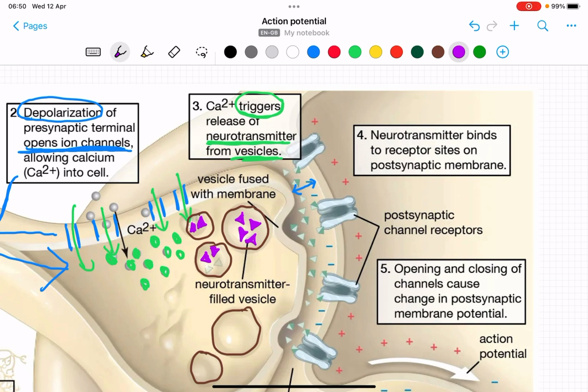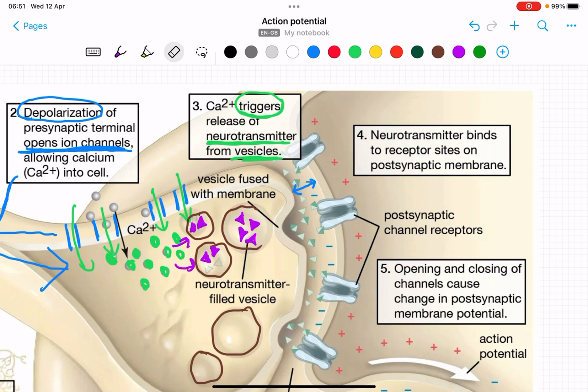What happens is, when the calcium moves into the presynaptic terminal, the calcium is going to stimulate the vesicle to fuse with the presynaptic membrane. It happens like this.